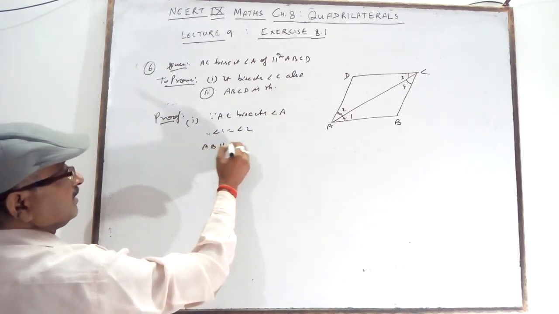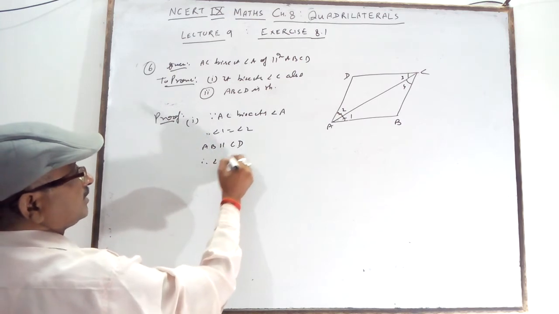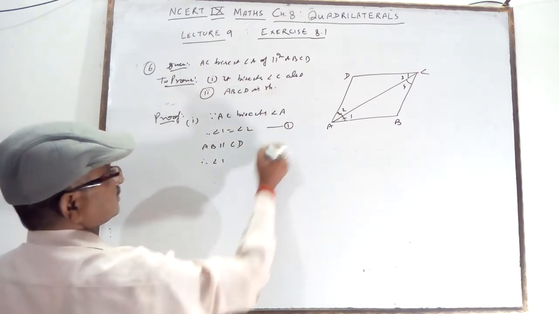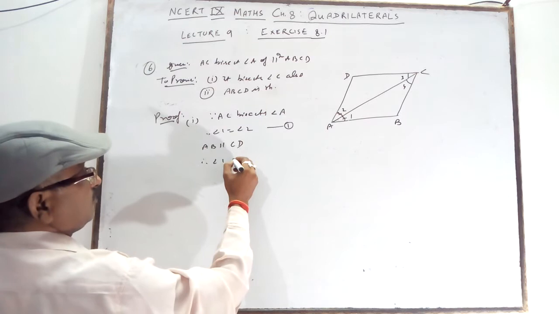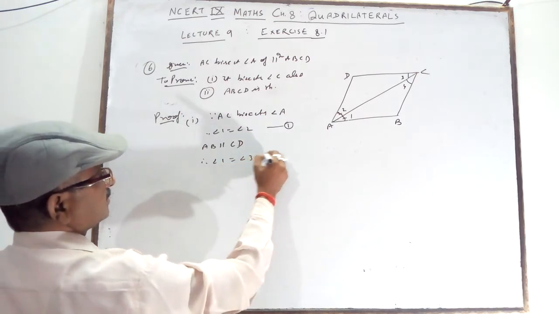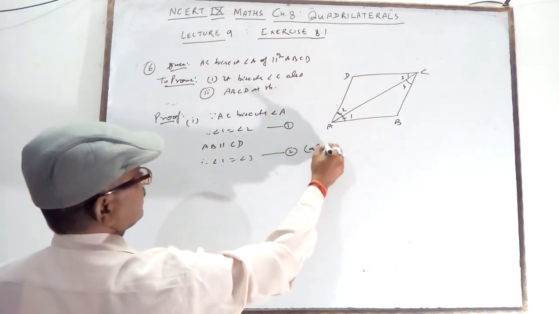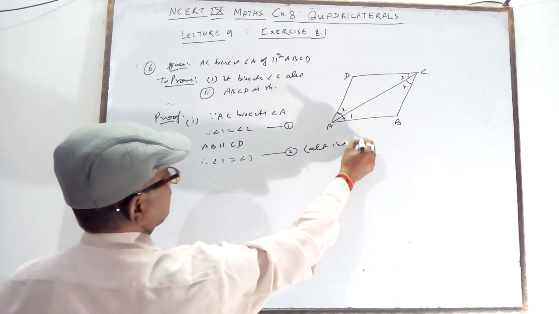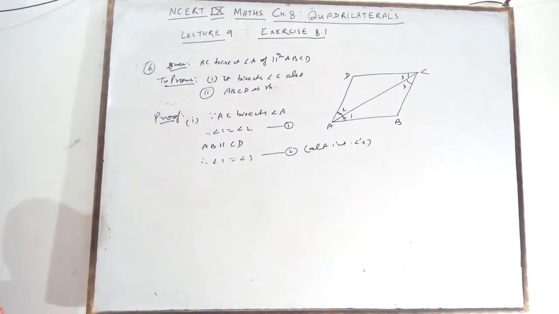AB is parallel to CD, therefore angle 1 is equal to angle 3, equation 2, alternate interior angles. This is a transversal.